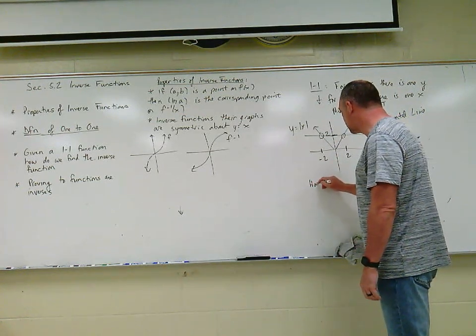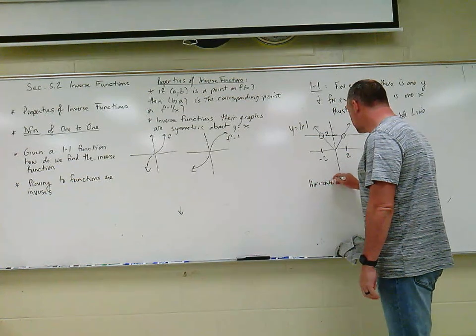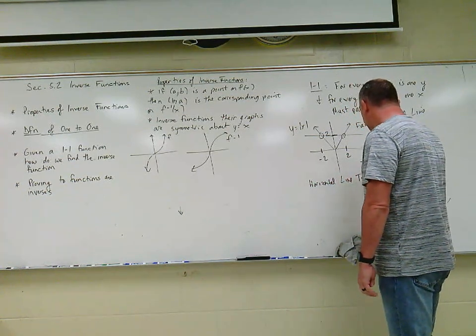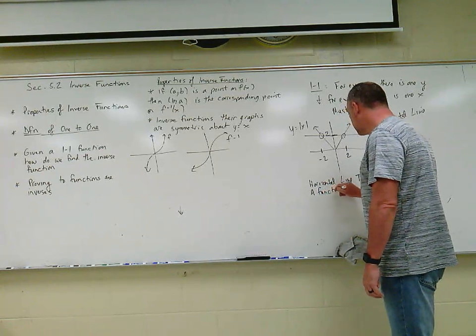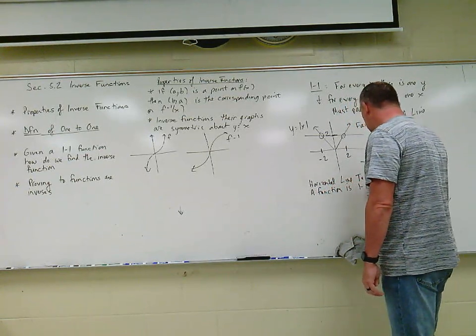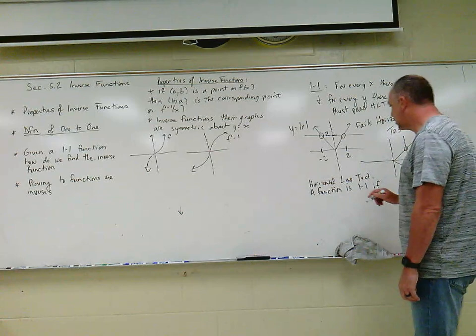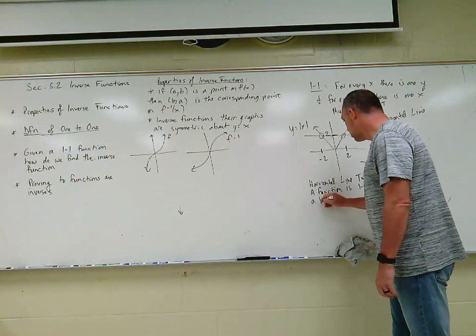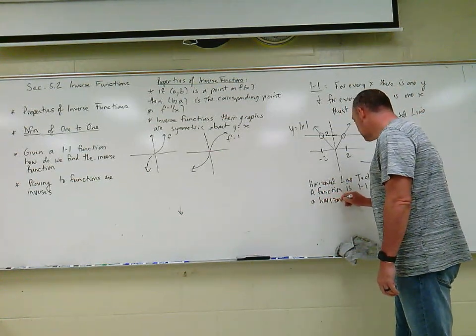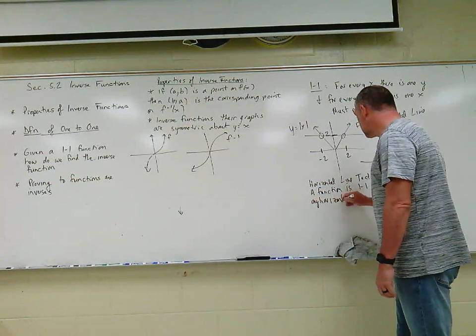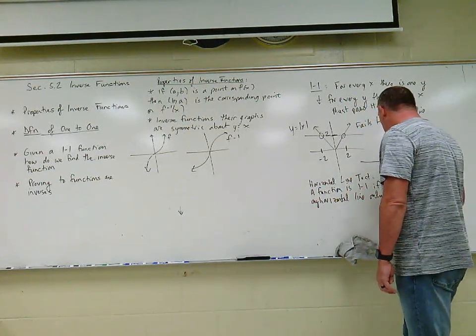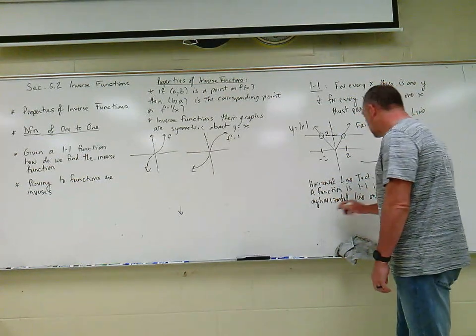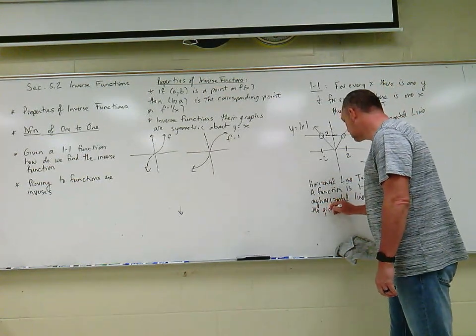What does horizontal line test mean? Horizontal line test means that a function is one-to-one if any horizontal line only crosses the graph once.